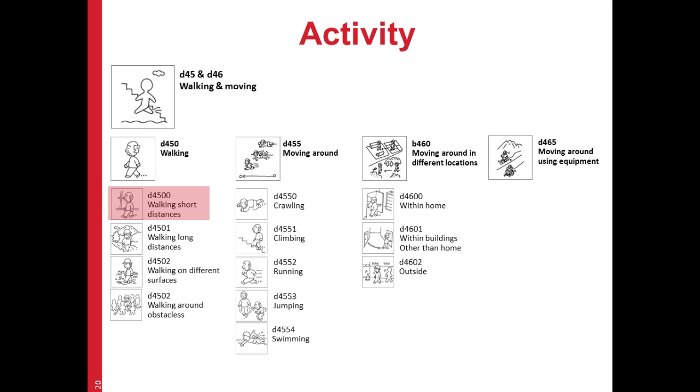We also need to think about other ways of moving, such as climbing, running, and jumping. We also need to remember that we have to be able to walk around within the home, within buildings outside the home, and of course, outside buildings altogether. And finally, when we talk about moving around using equipment, we have to remember that there are other ways of gaining mobility that don't necessarily require us to use our legs.